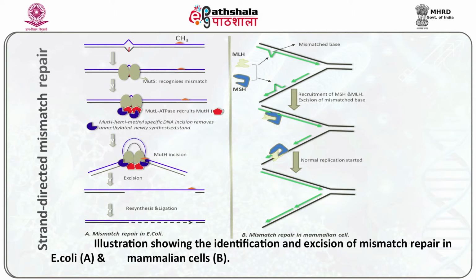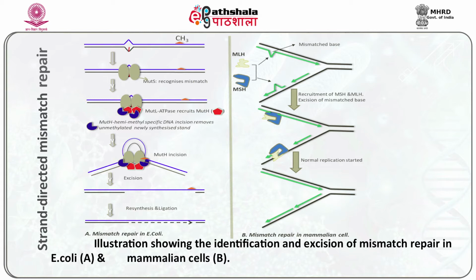Mut-H creates a DNA incision by its intrinsic endonuclease activity. Mut-H then cleaves at the GATC sequence and removes the unmethylated newly synthesized strand, followed by a nick. Cellular exonuclease removes 500 to 2000 nucleotides, which are later filled by DNA polymerase and sealed by ligases.